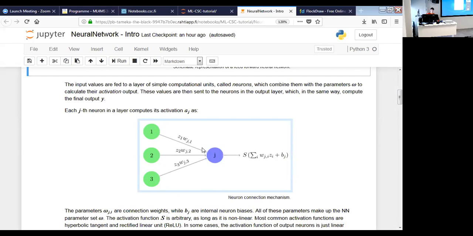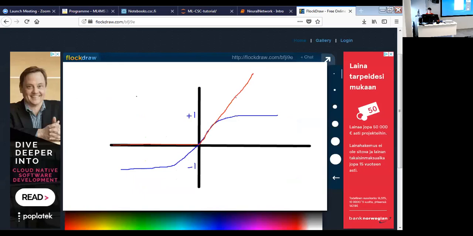There is a very simple example of how this neural network breaks. So imagine that you have two inputs. Maybe I can draw it. So we have two inputs and one neuron in the middle.